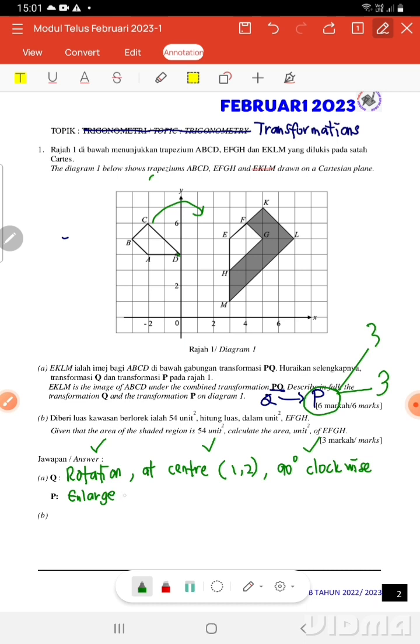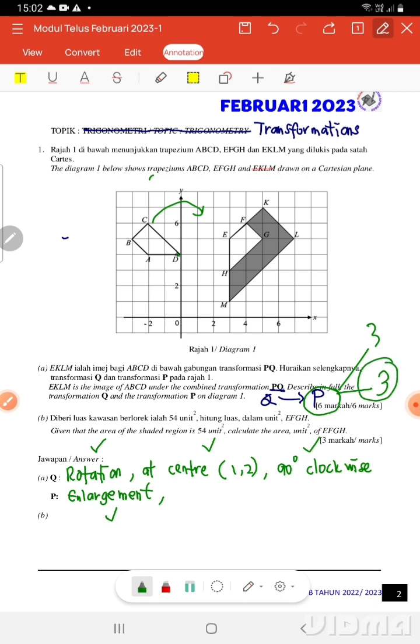For enlargement, I want to remind you to make sure your spelling is correct. If your spelling is wrong, your explanation will not be marked, so automatically you will get 0. So enlargement 1 mark. For enlargement also 3 marks.